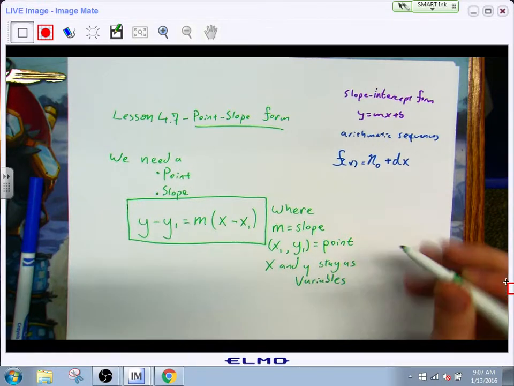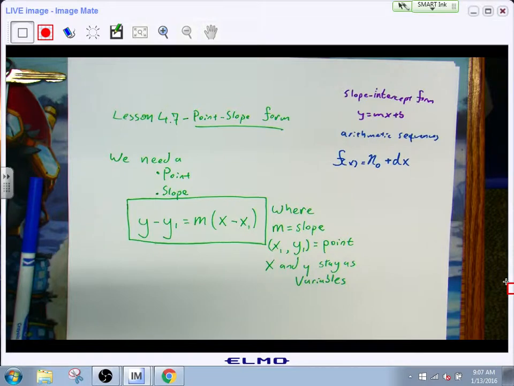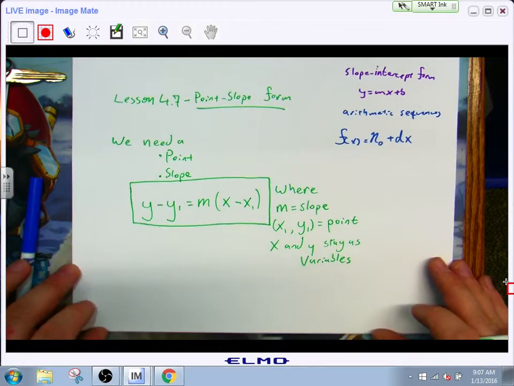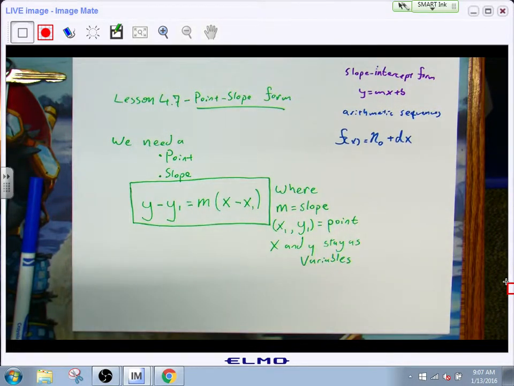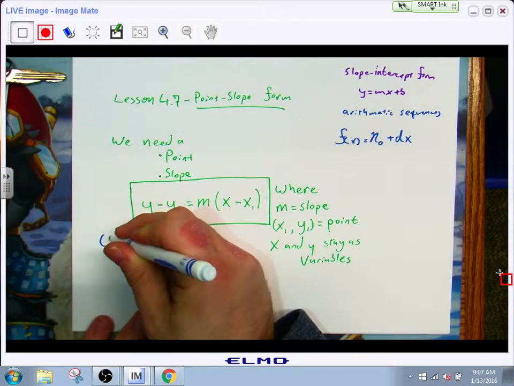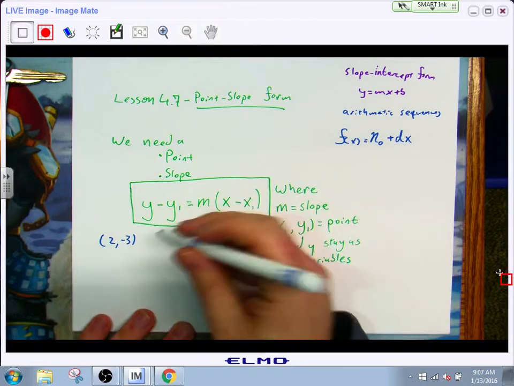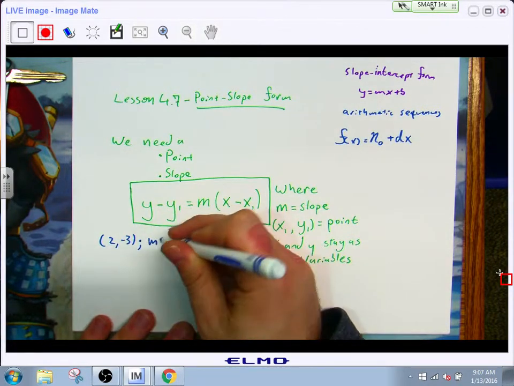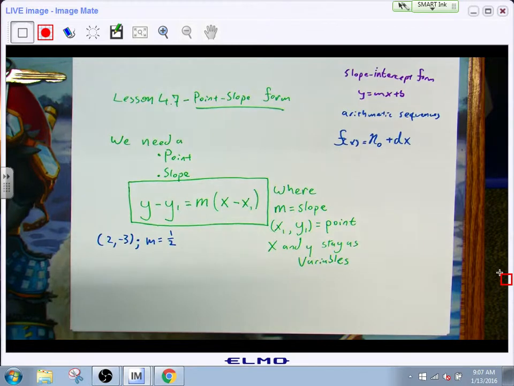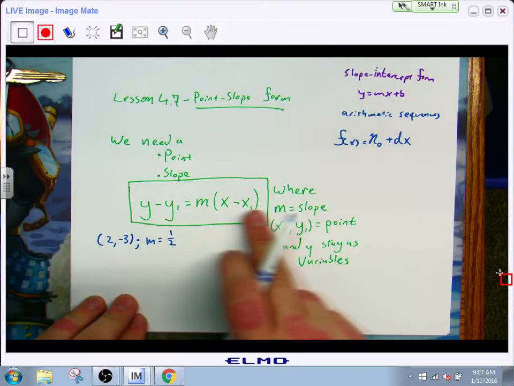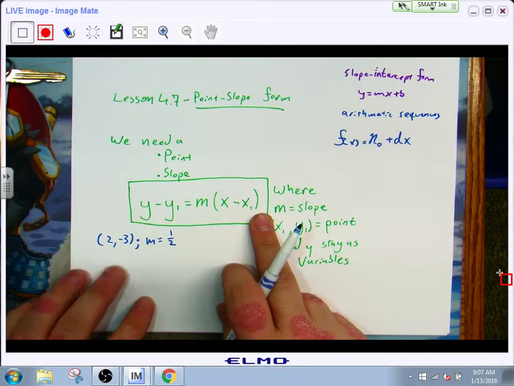Essentially what I'm going to be doing is telling you about these relationships. I will say something like, there is a point (2, negative 3), and there's a slope of 1/2. Write an equation based on this information. You would look at your point slope form and just plug it in.